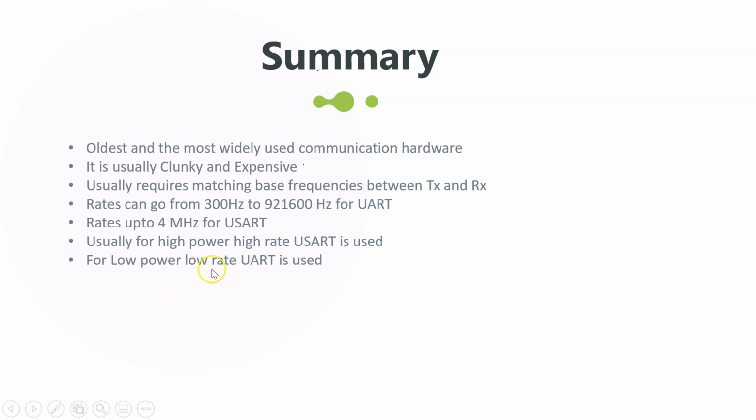UART is much more used for low power applications, especially battery applications such as lithium-ion batteries. You tend to conserve power and prefer UART. So even though the USART option is available on microcontroller boards, most developers use plain UART because it's power efficient.